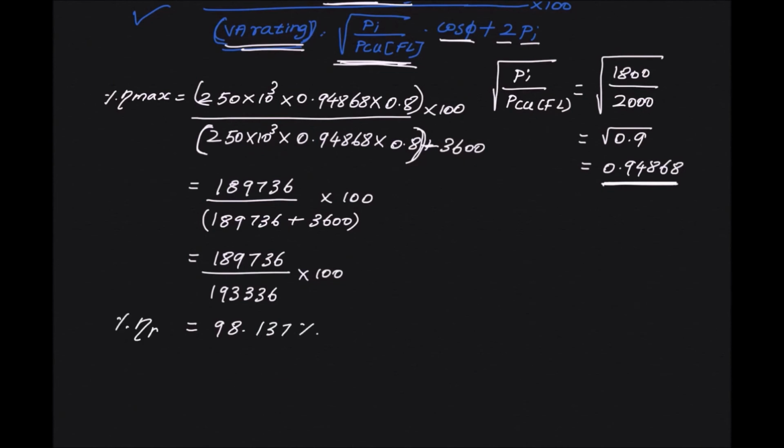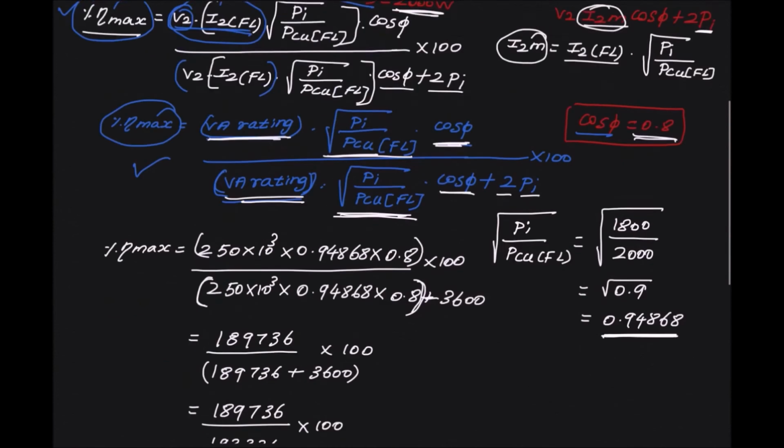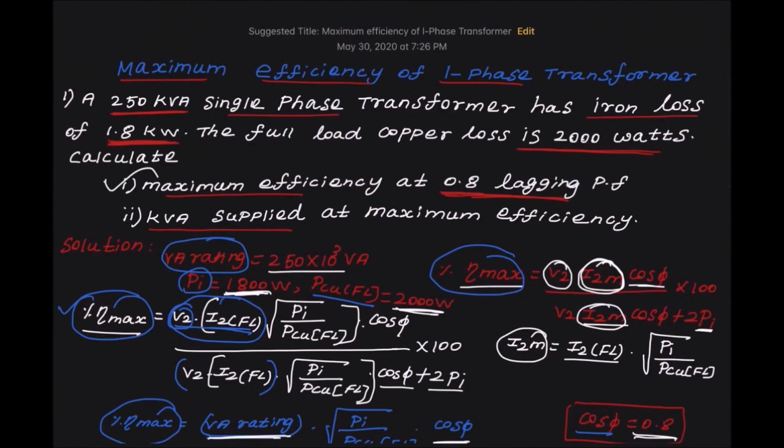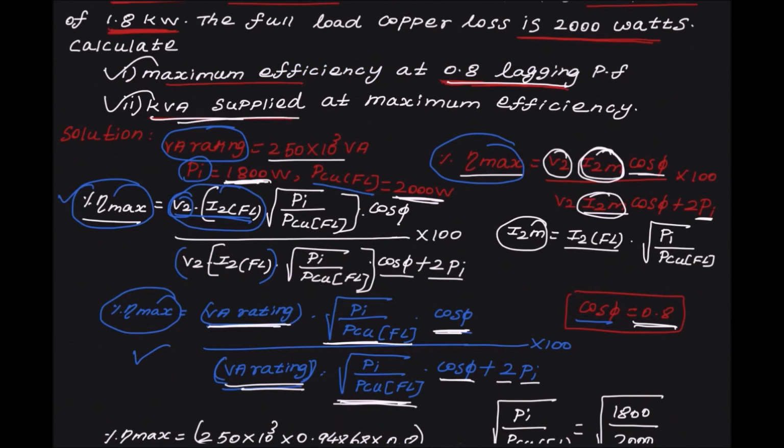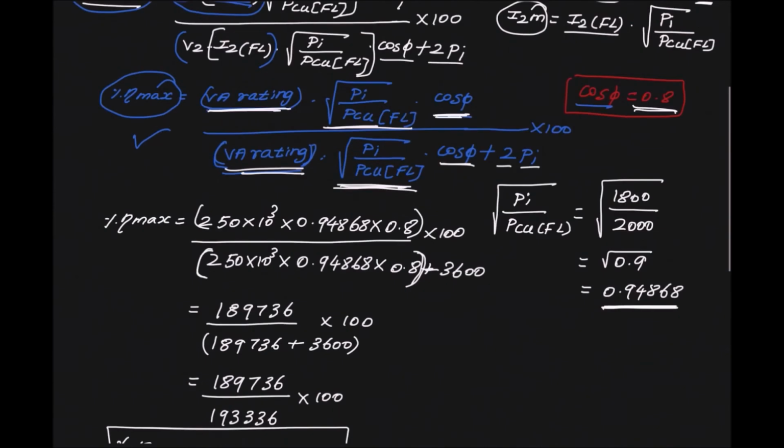So the percentage maximum efficiency is 98.137 percentage. So first we have calculated the maximum efficiency at 0.8 lagging. Next we have to calculate the kVA supplied at maximum efficiency.